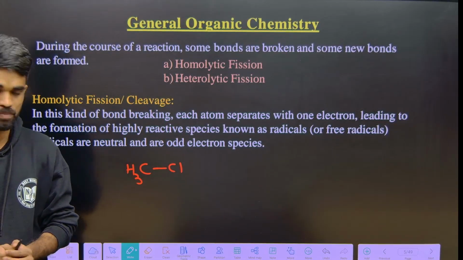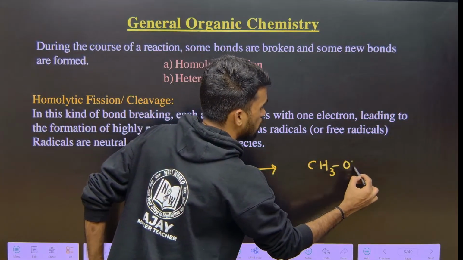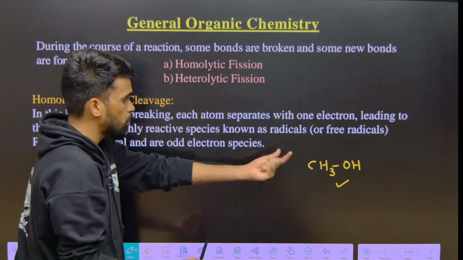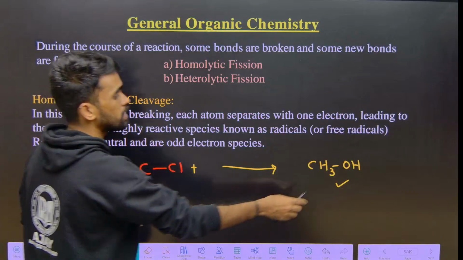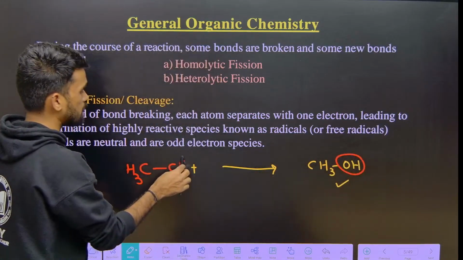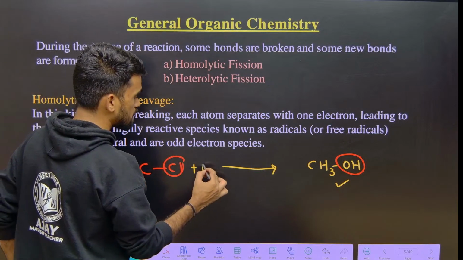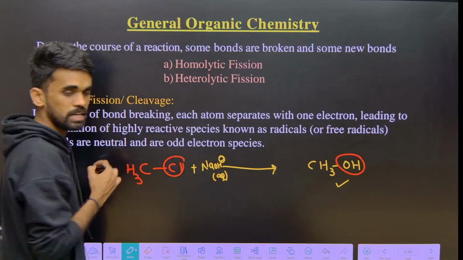Methanol is our product. In order to prepare this, we need to use something that generates an OH group in the place of Cl. Here I can use a basic condition like aqueous NaOH.